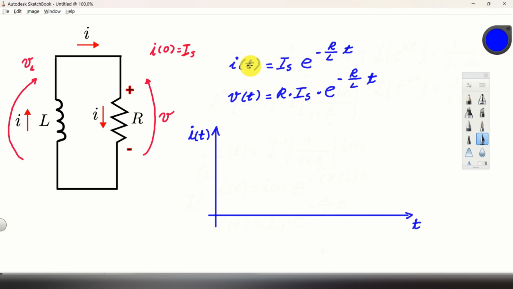Namely, when t is equal to 0, we have minus r over l multiplying 0, the exponential gives 1, and then we have is. That is, we start from is, and then this is an exponentially decaying function that looks like this. And then in infinity we will approach 0. And that's it.